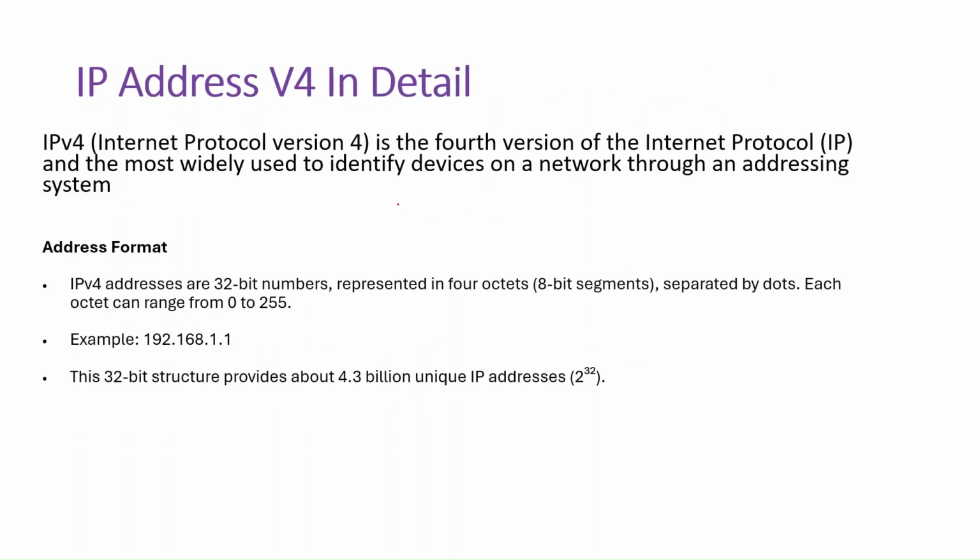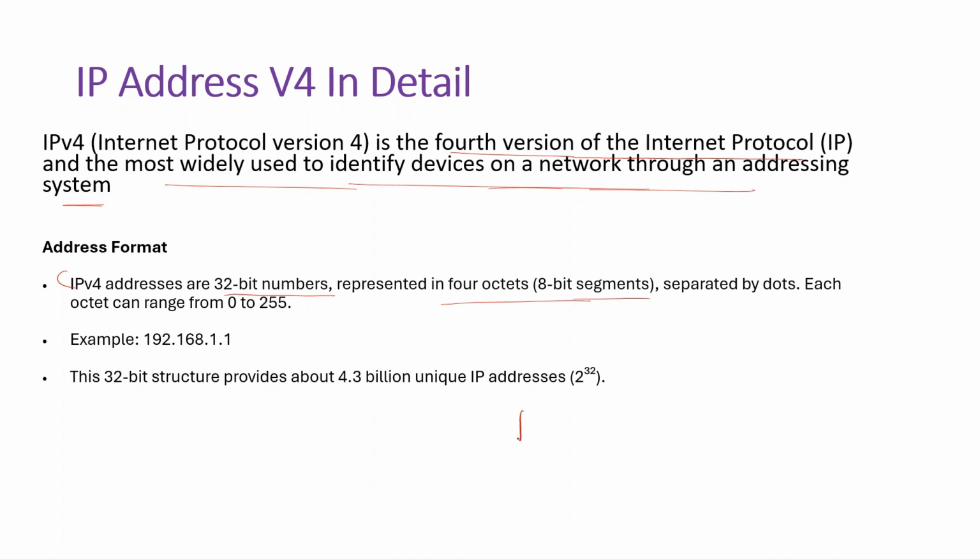We'll go with IPv4 in detail. IPv4 is the fourth version of the Internet Protocol IP address, and it was widely used to identify devices on a network through an addressing system. An IPv4 address is a 32-bit number represented in 4 octets, with 8 bits per octet.